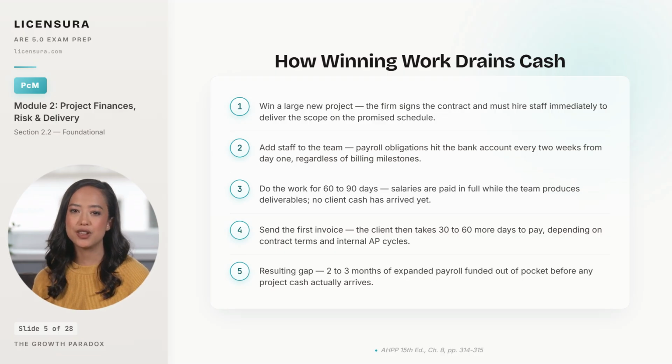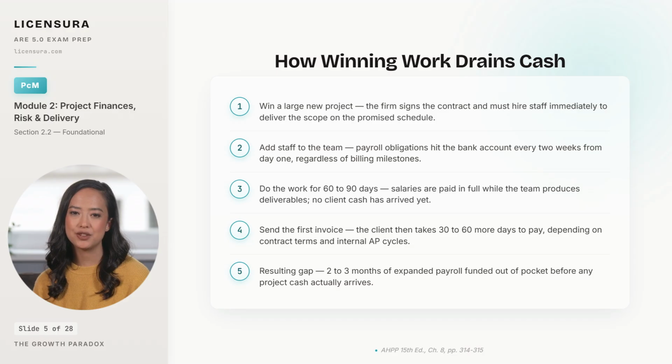The team then works for 60 to 90 days before the first invoice goes out because billing milestones are usually tied to deliverables rather than to time. The client then takes another 30 to 60 days to pay that first invoice. Add those two windows together, and you've funded 2 to 3 months of expanded payroll before any cash from the new project arrives.